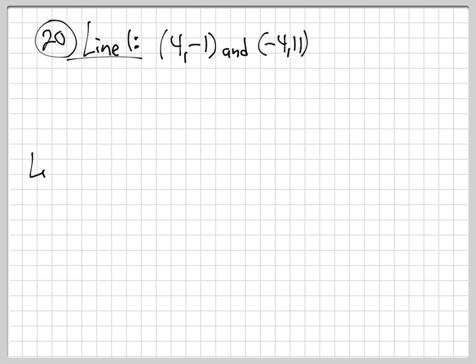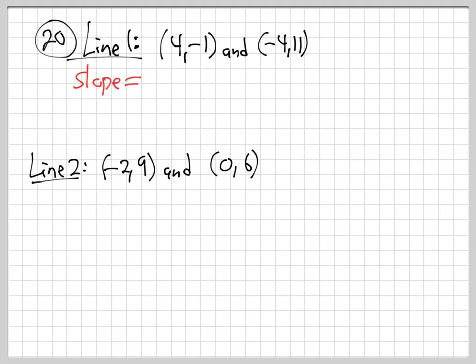And then line 2 goes through the points negative 2, 9, and 0, 6. Okay, and they want the slope of both, and then, yeah, from there. So they want us to find the slope of this line.